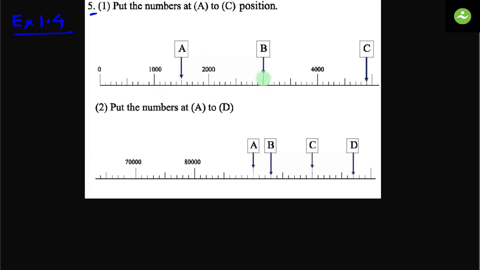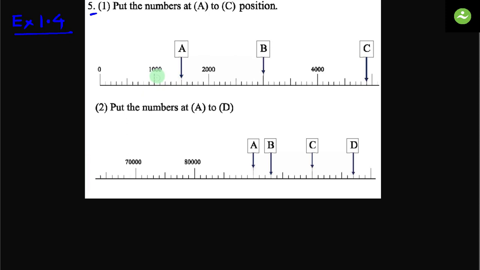So the next big mark is also another 1000. Between the two big marks, there are 10 small marks. 1, 2, 3, 4, 5, 6, 7, 8, 9, 10. That means each small division is 100.